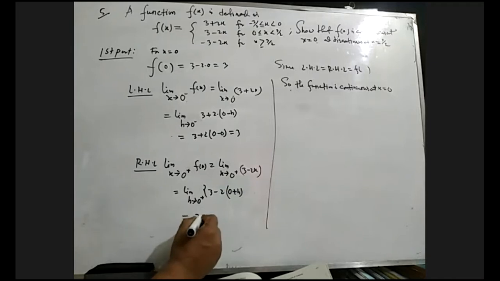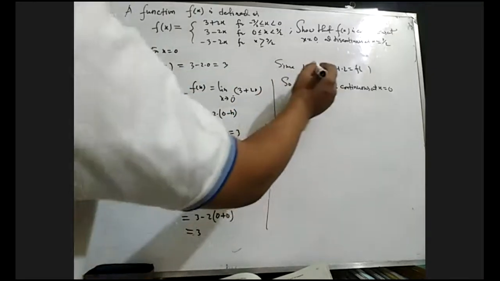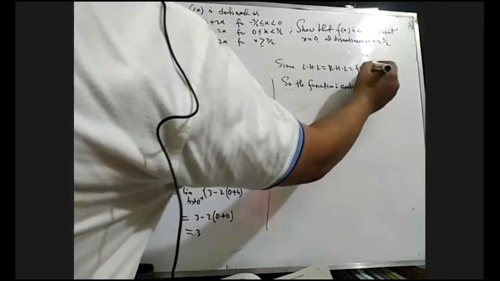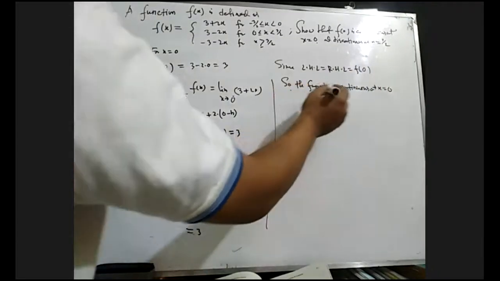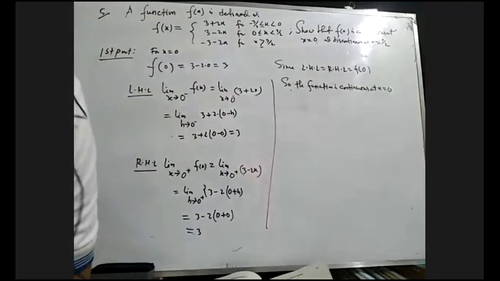This equals 3 minus 2 into 0 plus 0, that means 3. Actually, we got every value the same. Left hand limit equals right hand limit equals f of 0. That means the function is continuous at x equals 0. This is the first part.